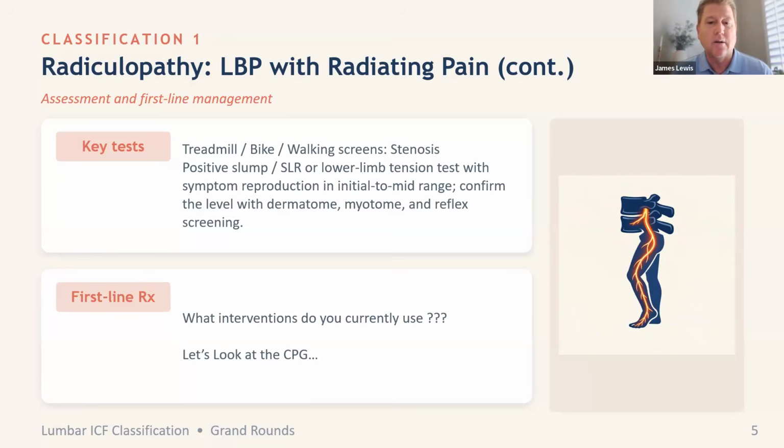I think if we can get them feeling a little bit better, so maybe we use positional treatments to open up the foramen, maybe give the nerve root a little bit of rest or relief, or maybe we use some dry needling, maybe we use some hands-on touch initially, some of those things. Even if they're not high quality evidence, they can give the patient a little bit of buy-in and then they can start to feel a little bit better, right? And so that's why I call it kind of a mixed bag.